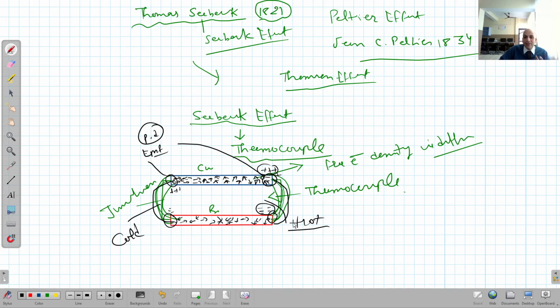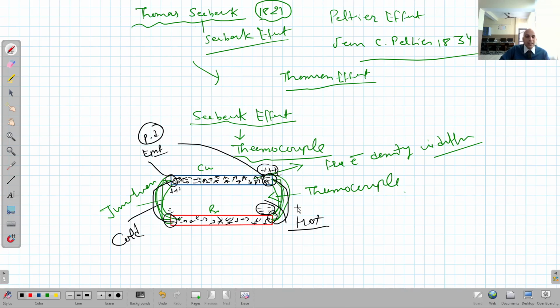The result will be, the junction which will become hot, it will increase the movement of electrons from one metal to other, because electron will become more mobile, more electron will be available in the conduction bands, and they will start moving fastly. But at the cold junction, the things will get reverse, right?